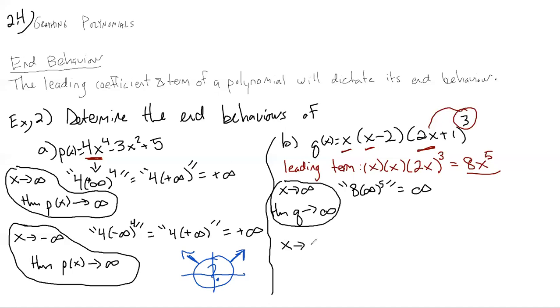And if x goes to negative infinity, then this 8, if I do now a negative large number to the power of 5, the odd power is going to keep it negative. So it's actually going to stay negative infinity.